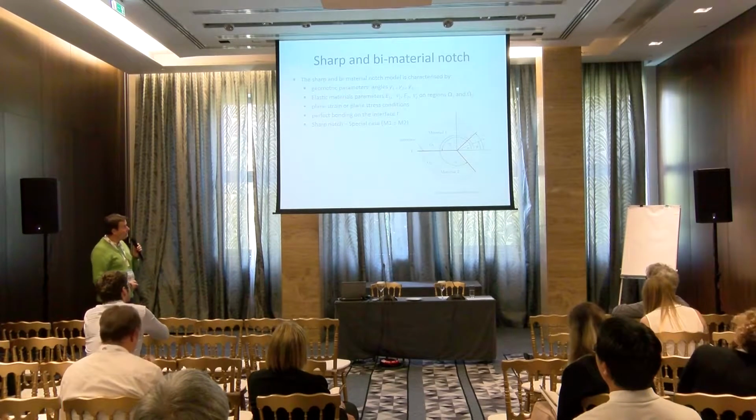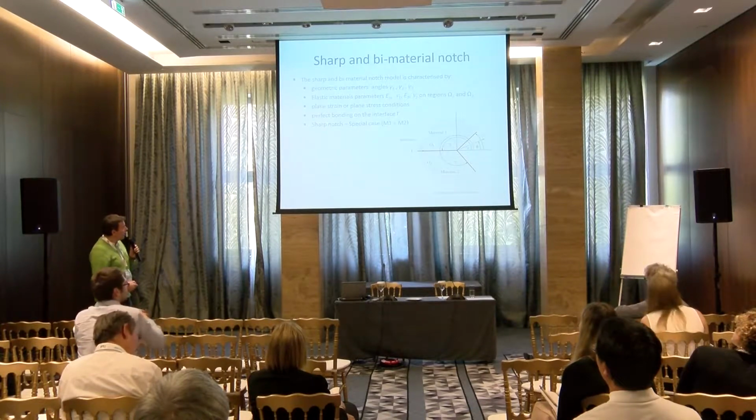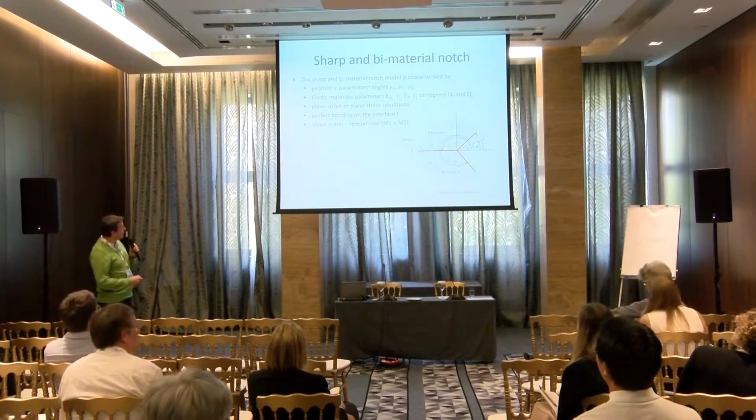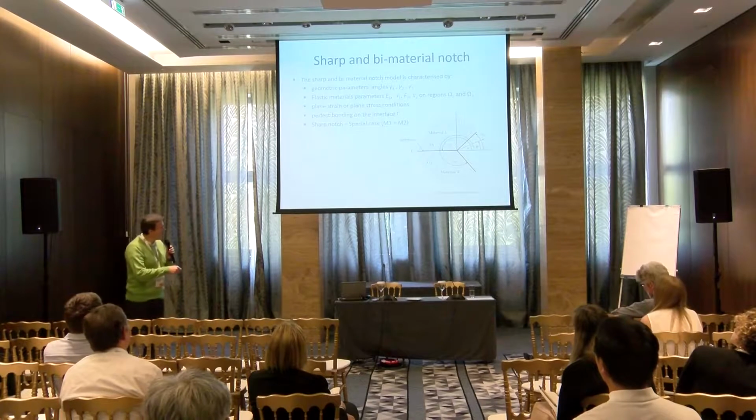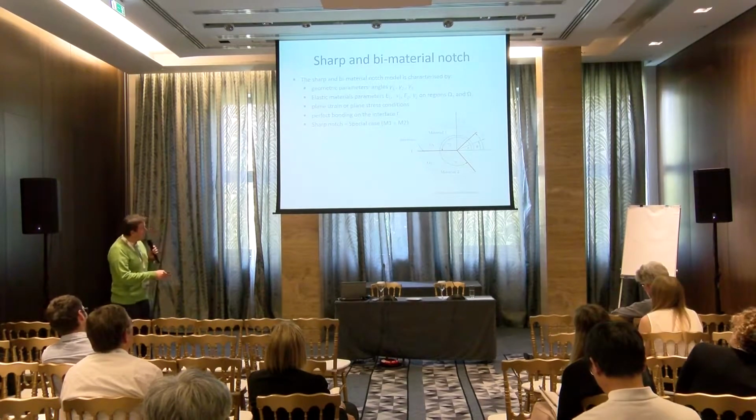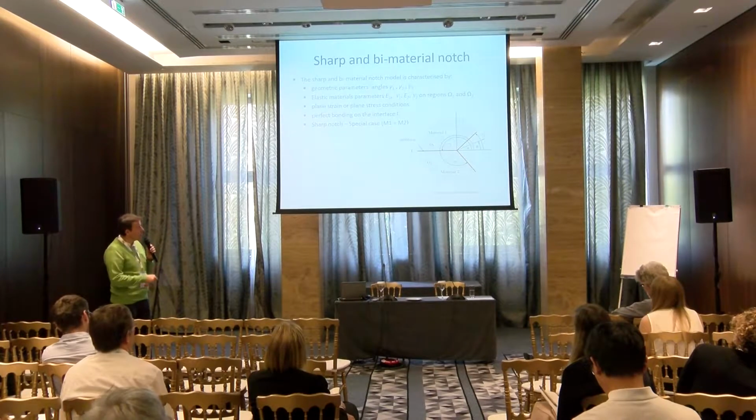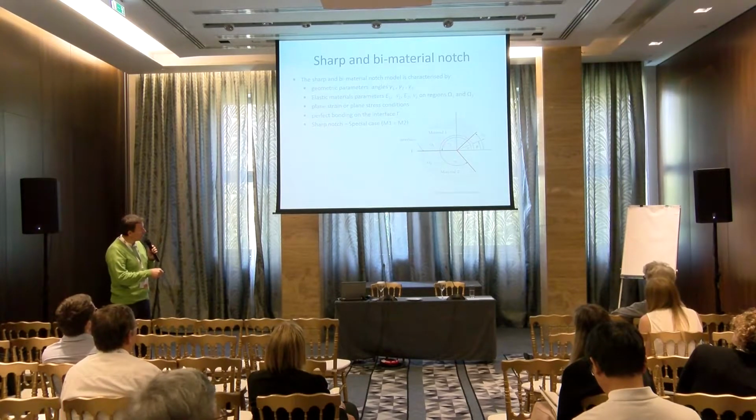Well, how we model sharp and bimaterial notches. This is the model of bimaterial notch. There are two material regions, material 1 and material 2. These regions are characterized by angles gamma 1, gamma 2, and gamma 3.